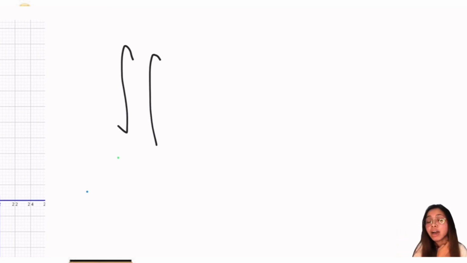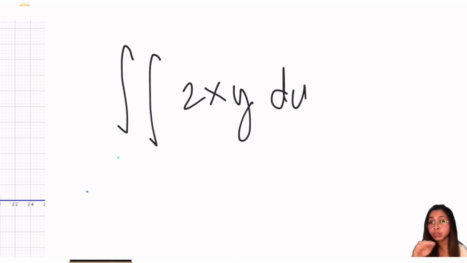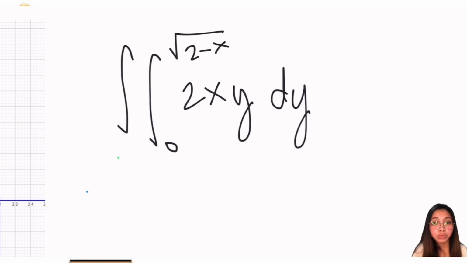So we will now have this double integral. This is the equation of 2xy dy. We will go first with the y. For the first inner integral, we need to put the value of y, which goes from 0 to the square root of 2 minus x.